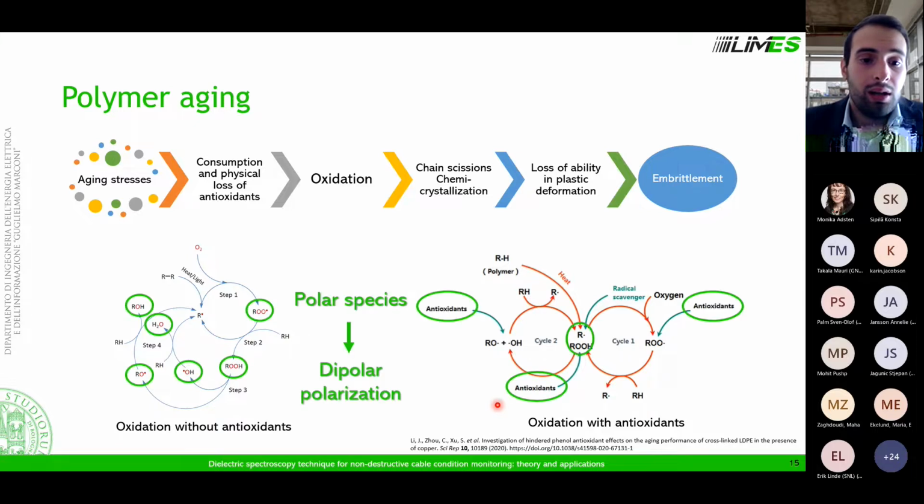What do all these species have in common? They are polar species, and with these characteristics, they can respond electrically in the dipolar polarization area of the dielectric spectrum. This is very important to evaluate the evolution of aging, because as we increase the concentration of polar species, for example ketones, carboxyl groups, and hydroperoxides, we are also increasing the dipolar polarization.